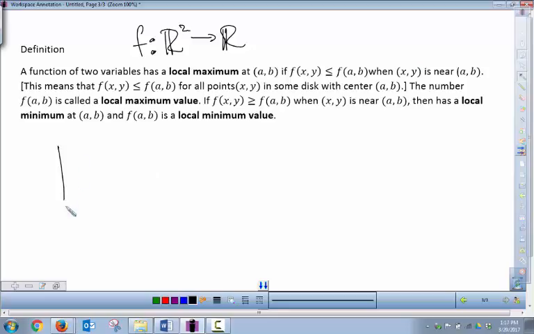That means visually we could take a look at a point AB, and we could take a look at some points x, y that are close enough to AB. Whereas if we put that value into the function, AB, we're going to get a certain height.